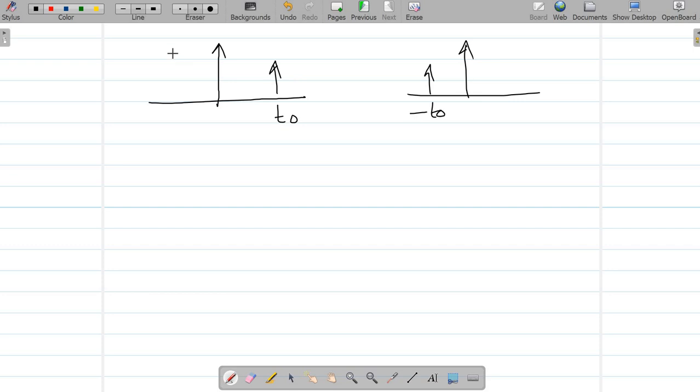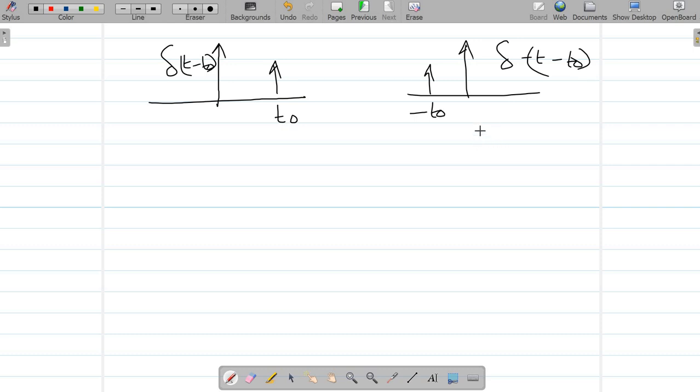So this is delta of t minus t naught, whereas this one is delta of minus t naught.